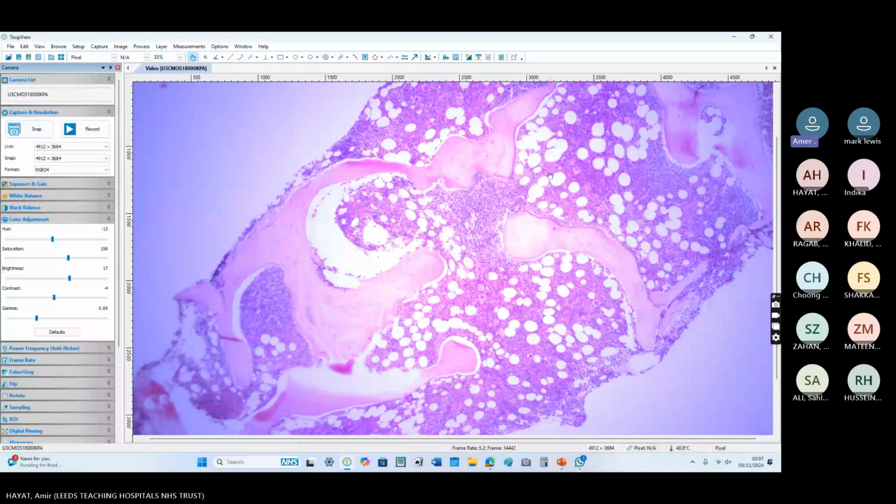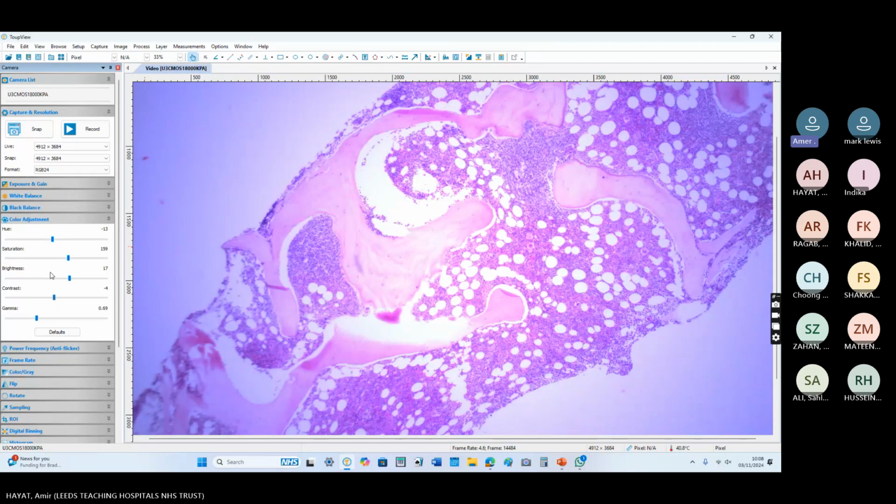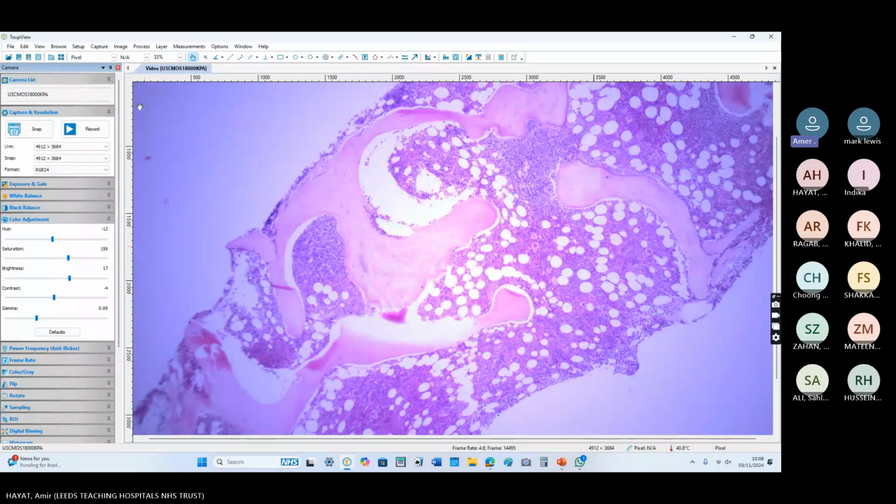So cellularity is slightly decreased, but generally okay. So you can see this infiltration here. It's peritrabecular. The center of the trephine is all red.